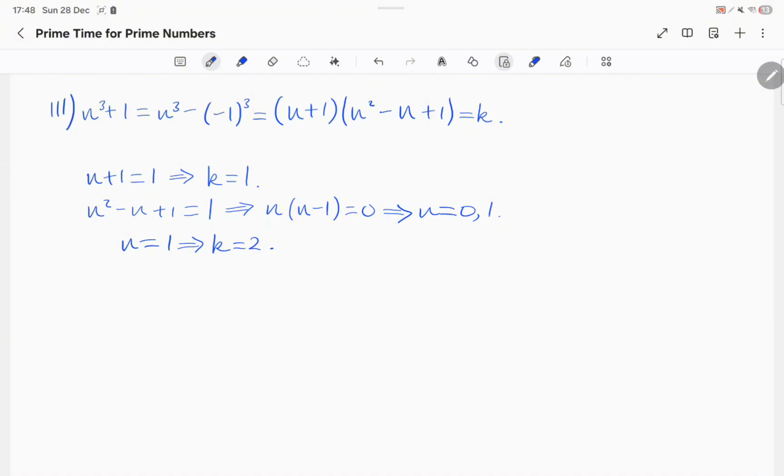Now we can set n^2 − n + 1 equal to 1, and this gives n(n − 1) equals 0, giving us n equals 0 or n equals 1. n equals 0 has been done above, but n equals 1 gives k equals 2, and therefore the only prime number that is 1 more than a cube is 2.